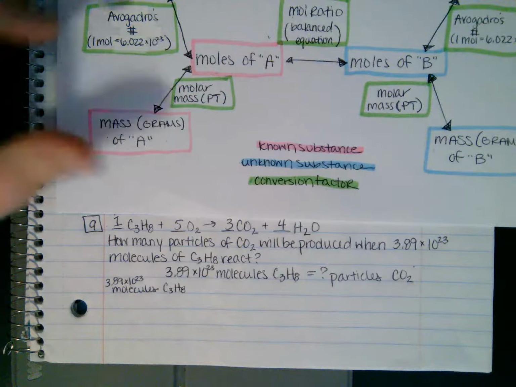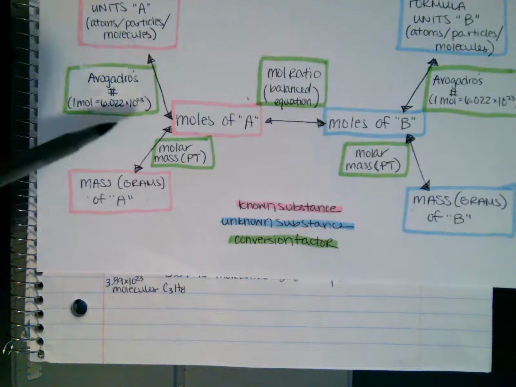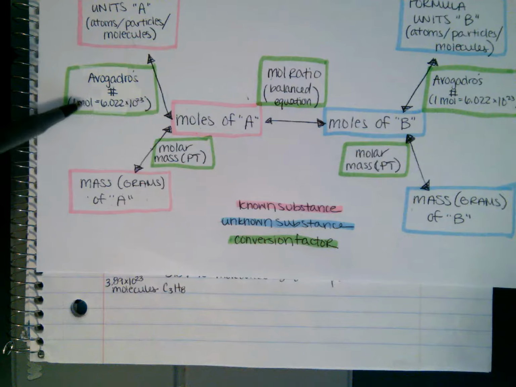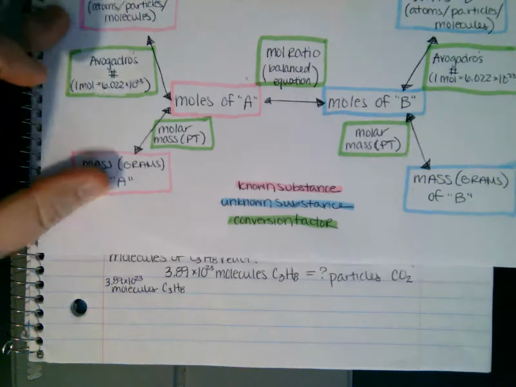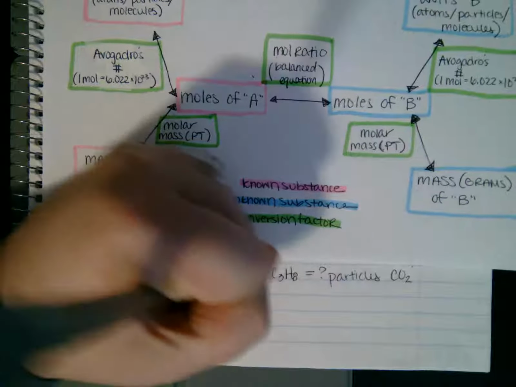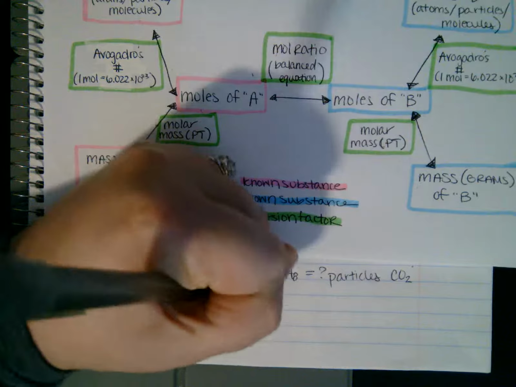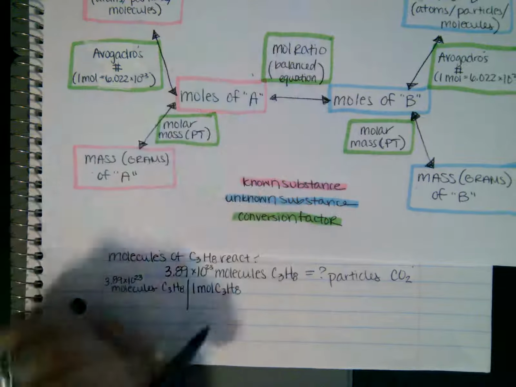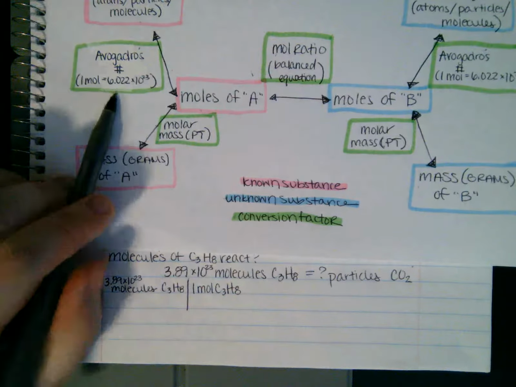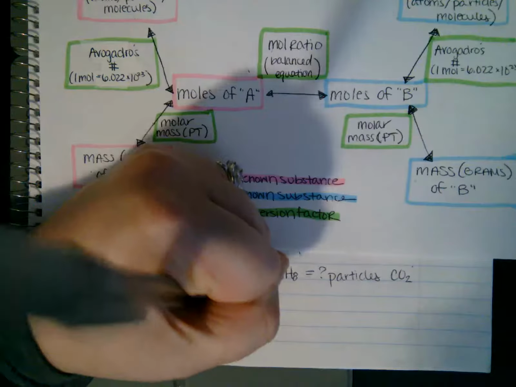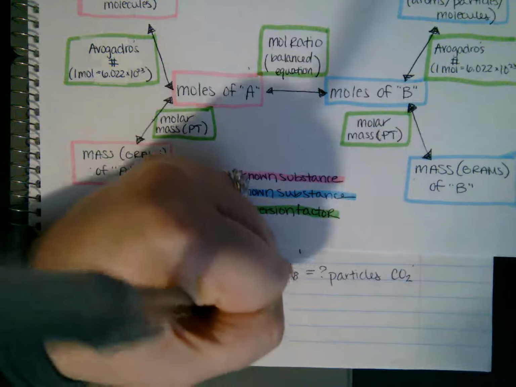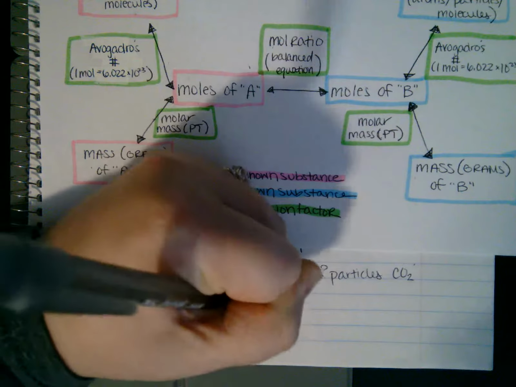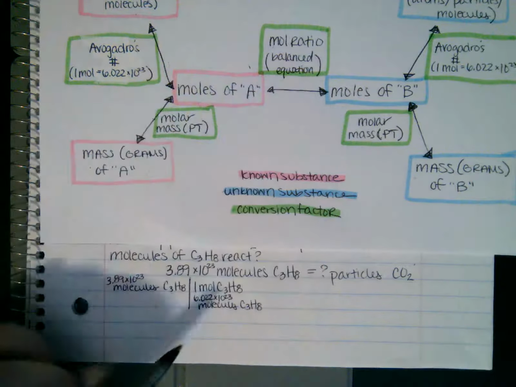Okay, and we said we want to convert that to moles. Remember, the way we're going to convert particles to moles is by using Avogadro's number, which is that 1 mole of anything is equal to Avogadro's number many of that thing. So that means 1 mole of propane is equal to 6.022 times 10 to the 23rd molecules of propane.